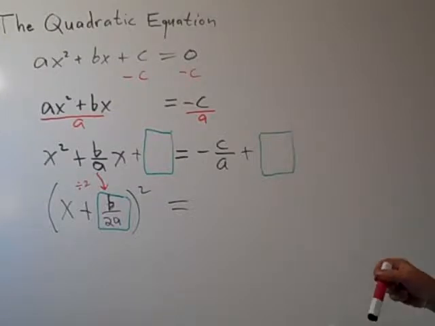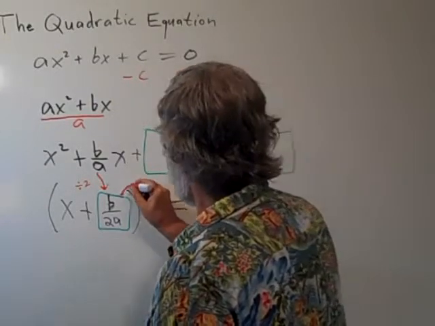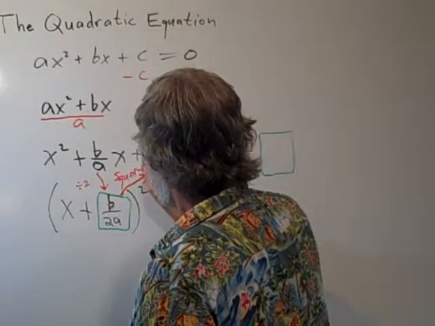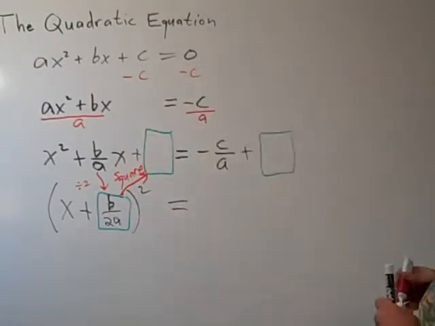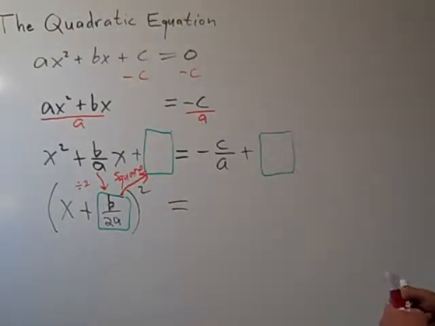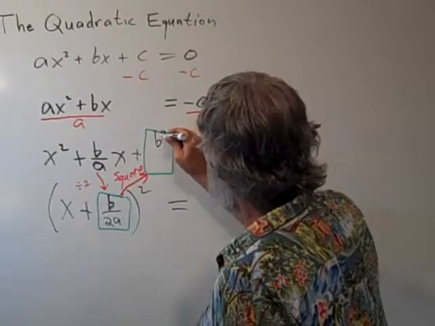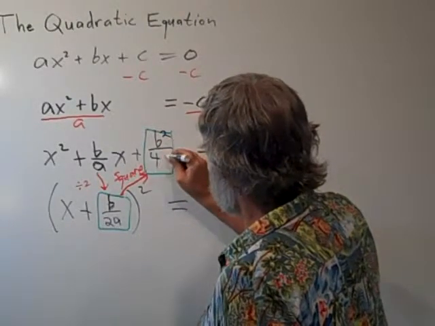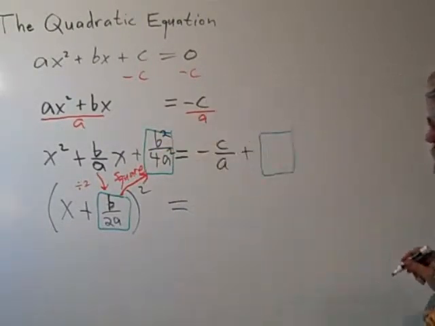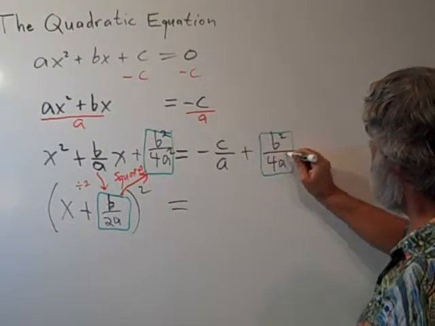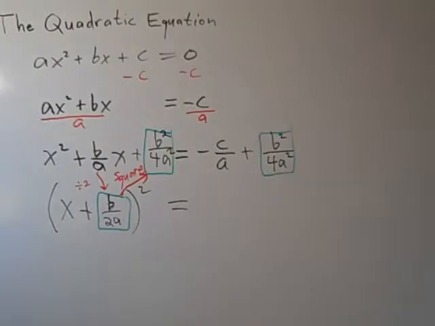And then we square b divided by 2a. b divided by 2a times itself gives you b squared divided by 4a squared. So that's what I had to add to both sides. That's the completing the square process completed.